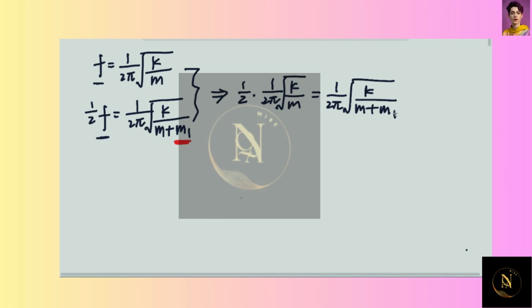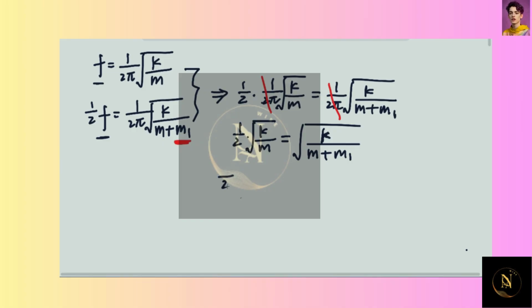The only thing we need to do is to get rid of the common factors and see what kind of equation we get. The first thing you might notice is that both sides have 1 over 2 pi, so we can cancel that out first, which leaves us 1/2 times the square root of k over m equals the square root of k over m plus m1. We can separate the root to make it into a more simplified version.